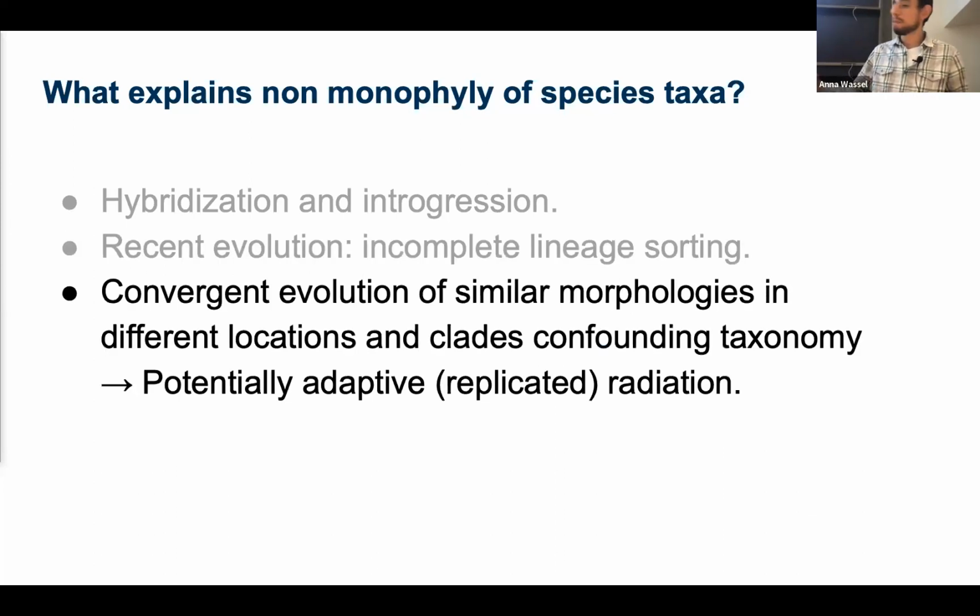In addition, we might be facing a scenario where we have a convergent evolution of similar morphologies in different locations and clades, thus confounding taxonomies. And this could be suggesting potential adaptive replicated radiations in this case.